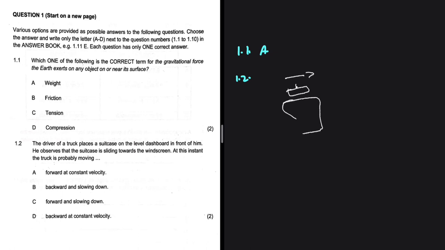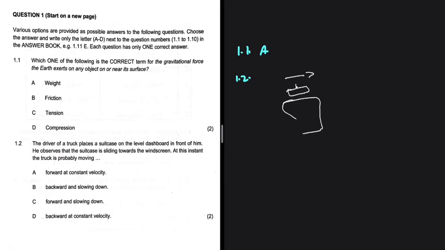Why do we keep our seat belts on in the car? So that when we experience inertia, there is something holding us back. The suitcase is experiencing inertia. It wants to keep moving at the very same speed that it was moving in. That tells us that the car is slowing down.